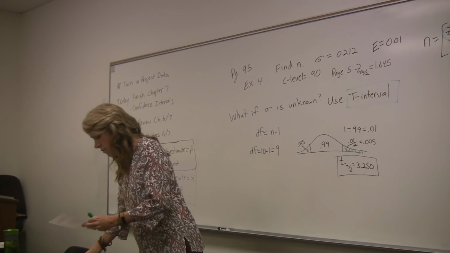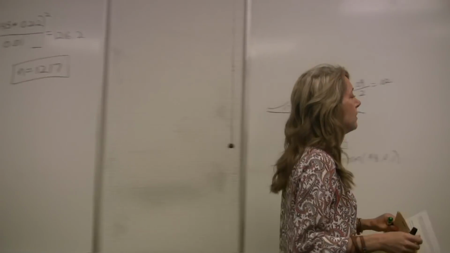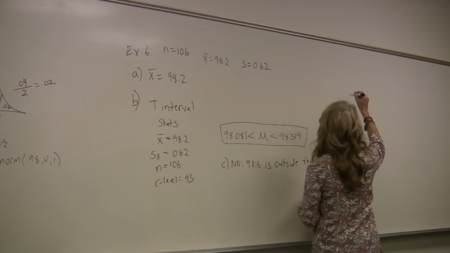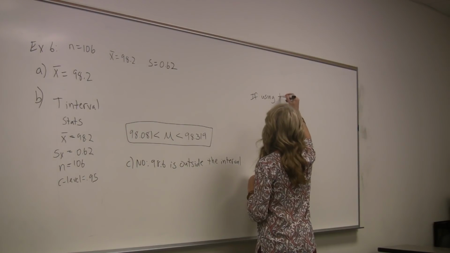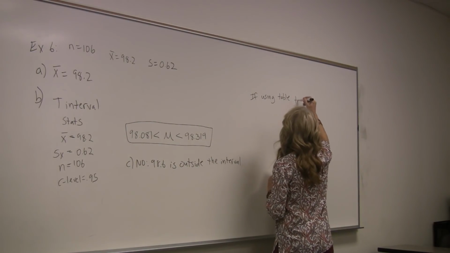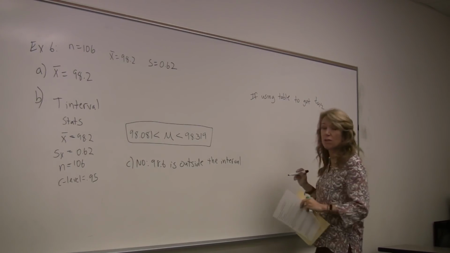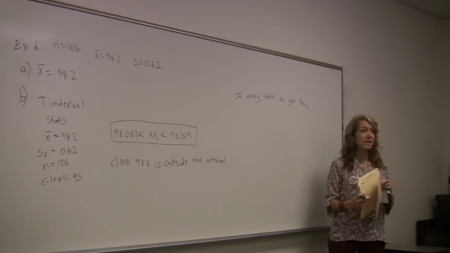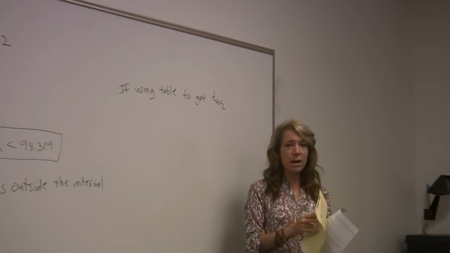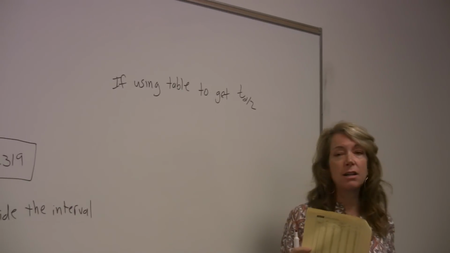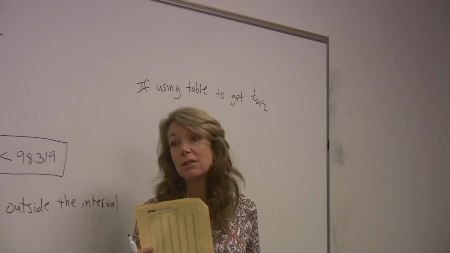So for degrees of freedom, it'd be 105, right? I'm glad you brought that up. And I don't see 105 if using the table to get your critical value. That's what she's trying to do because she wants to use the formula. She's a math nerd like me, she wants to do it both ways. She's trying to find 105 on the table and it's not there. So what you do when your number of degrees of freedom isn't there, you just pick the closest one.